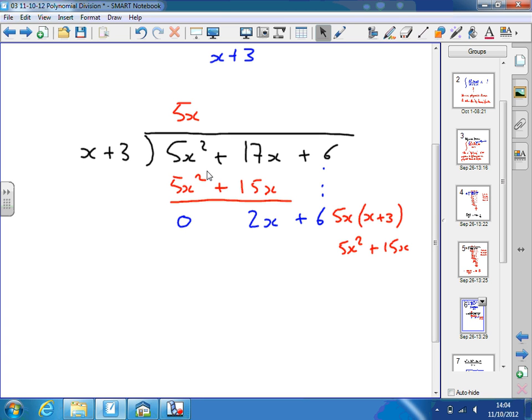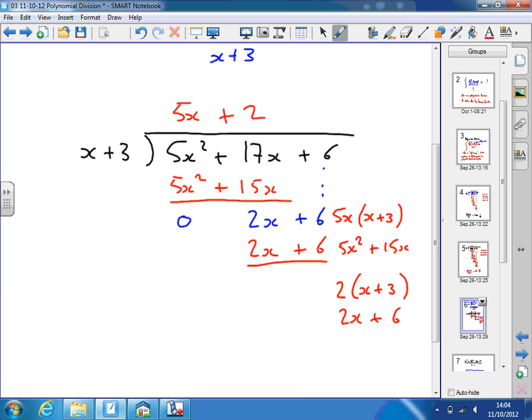What have I got to times x by, using my magic pen, to get 2x? So that's what goes at the top, plus 2, because it's a positive 2 I've got to multiply it by. What is 2 times x plus 3? 2x plus 6. So that's what goes underneath.